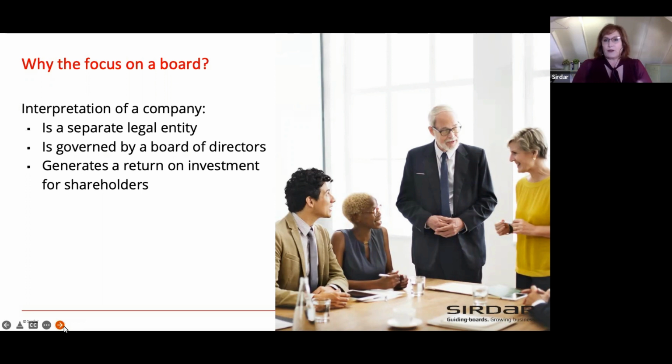So whether you have one director, two executive directors, or six directors, of which there is a diverse spread of independent and executive, it is still governed by that board of directors. And certainly what we would like to see is that a company generates a return on investment for all shareholders.